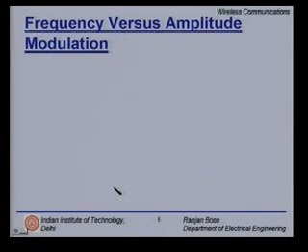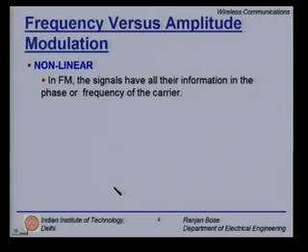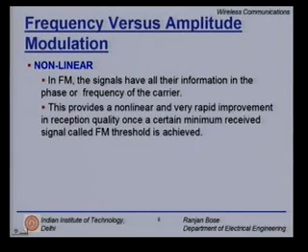A couple of slides on the relative advantages and disadvantages of FM versus AM. Let us look from the perspective of linearity and nonlinearity. In FM, the signals have all their information in the phase or the frequency of the carrier, nothing is in the amplitude.